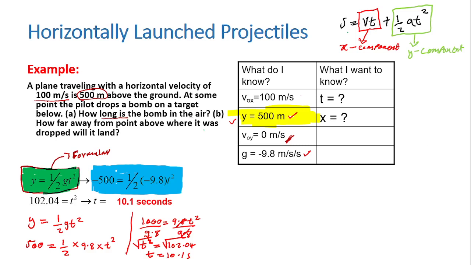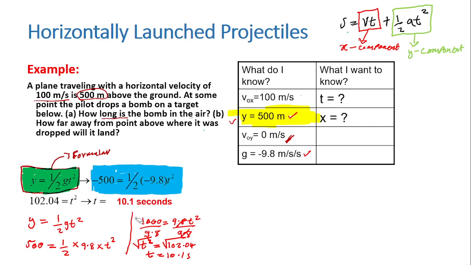Yes, Frederick, what's your question? My question is on negative 500. Why has it become a negative? And another question is on this 1000 that I'm seeing on the other side. How did you get it? I did 2 times 500, it is 1000. Then the distance is negative because we are going down, and it is in relation with the gravity which has been given.